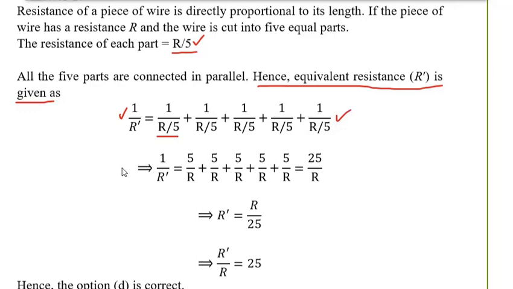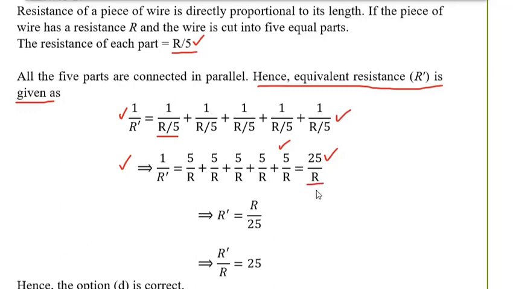The next step will be 1 by R dash equal to 5 by R plus 5 by R up to 5 times. 5 added 5 times, then we get 25 by R.